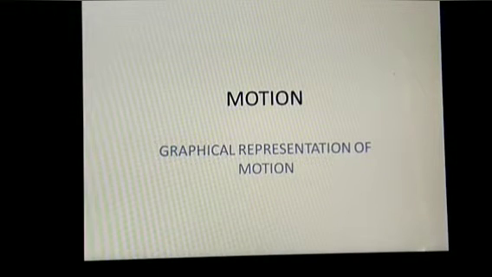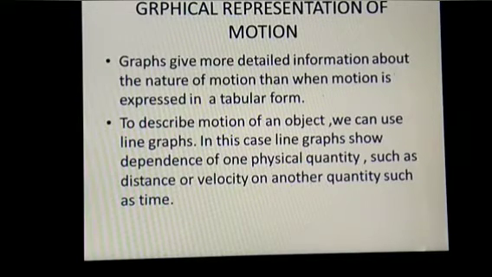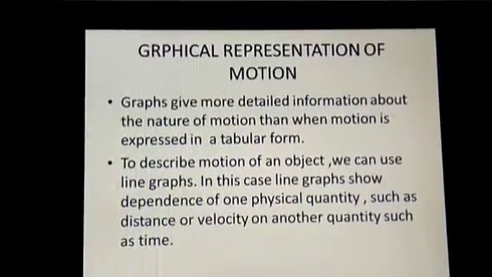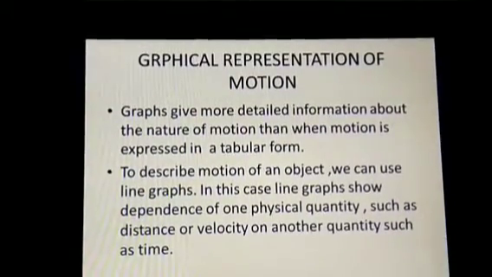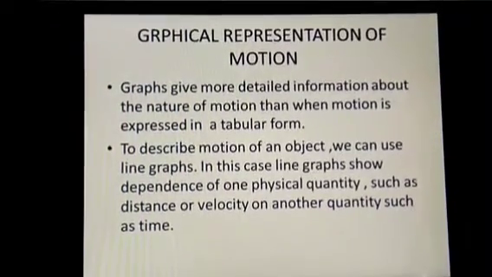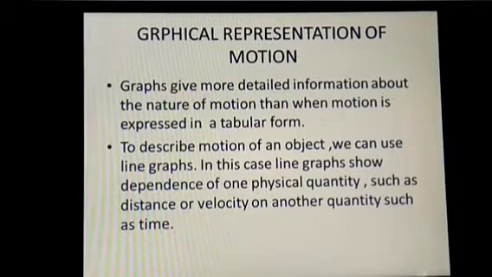Let us revise the topic graphical representation of motion. Graphs give more detailed information about the nature of motion than when motion is expressed in a tabular form. To describe motion of an object, we can use line graphs.